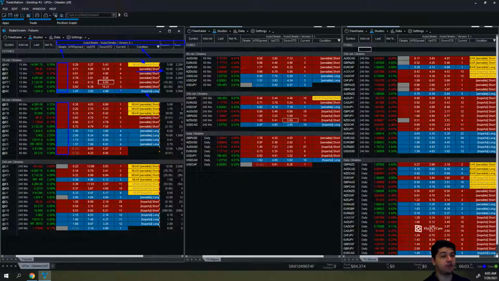We want to go and do things that make sense rather than things that we hope work out. So that's kind of the justification of it. The actual statistical reasoning of why something is hopeful versus sensible has to do with these numbers in between here. So just to clarify, as you see right here, it's currently in 7 up climates.